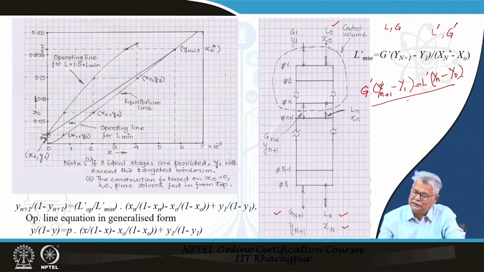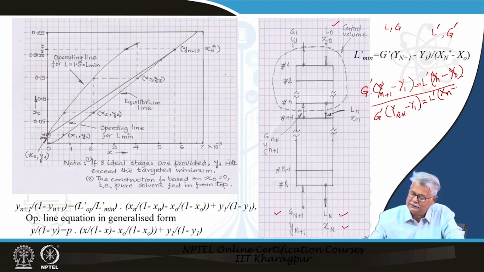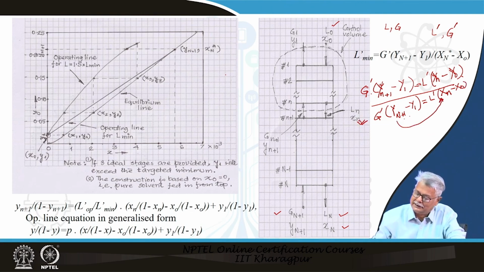I write this once more: G dash into capital Yn plus 1 minus Y1 equals L dash into Xn minus X0. This is the equation which relates Xn and Yn plus 1, the compositions of the gas and the liquid phases, here and here.